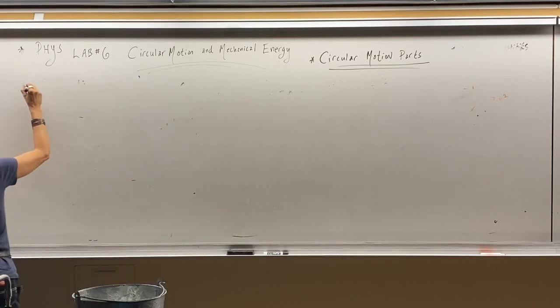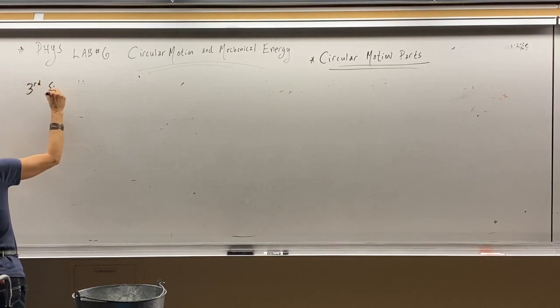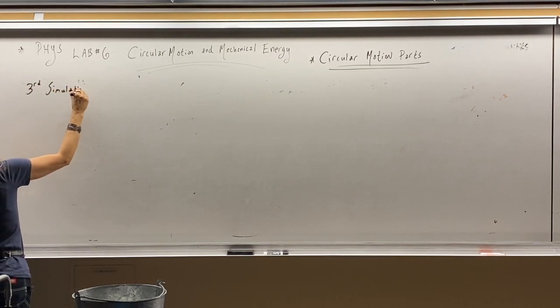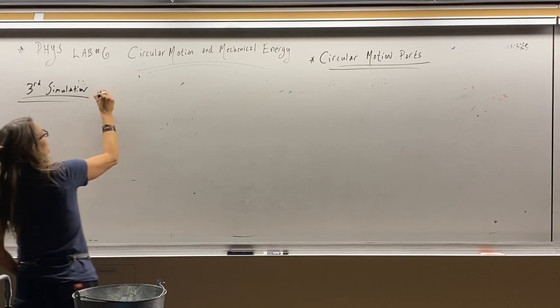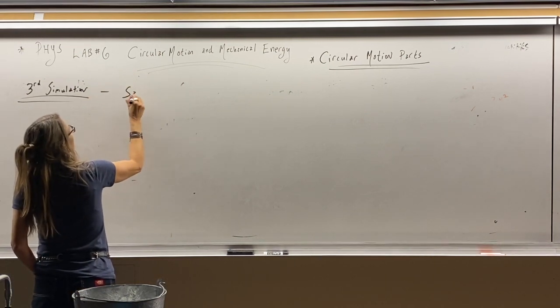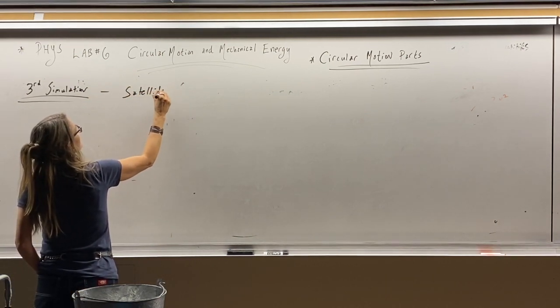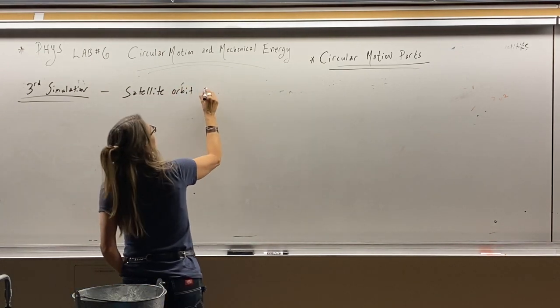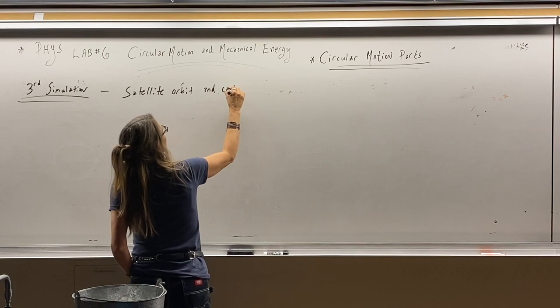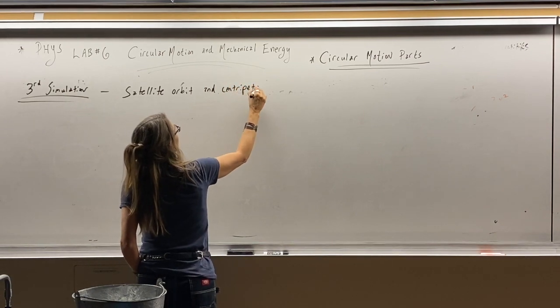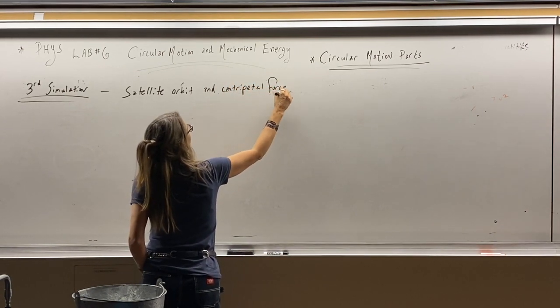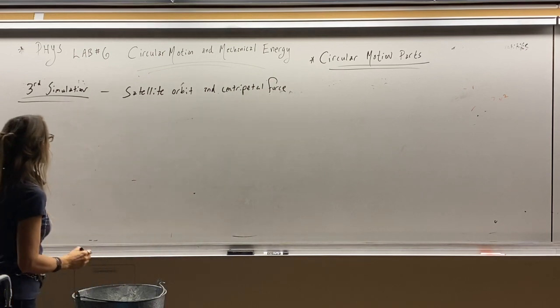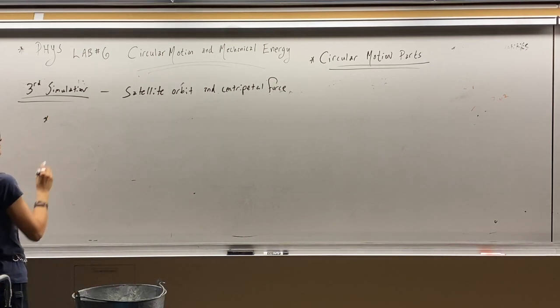So this third simulation is like looking at the orbit of a satellite and centripetal force. So if we take Mars, right, so what we want to do is get the info.